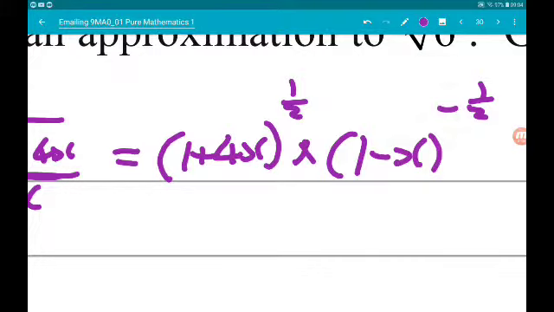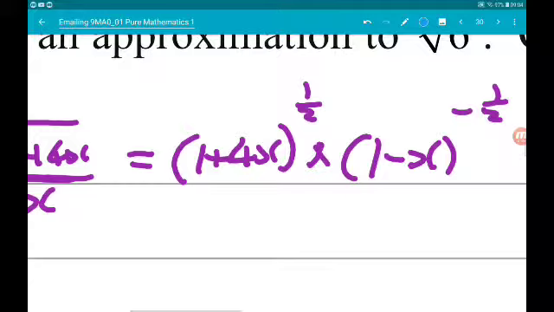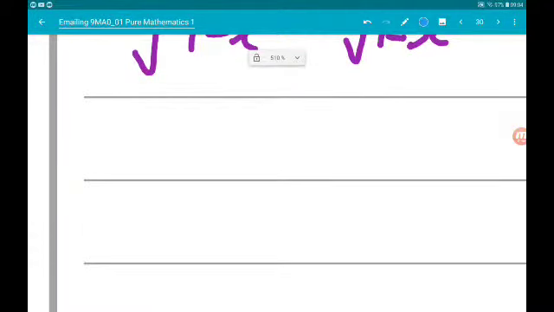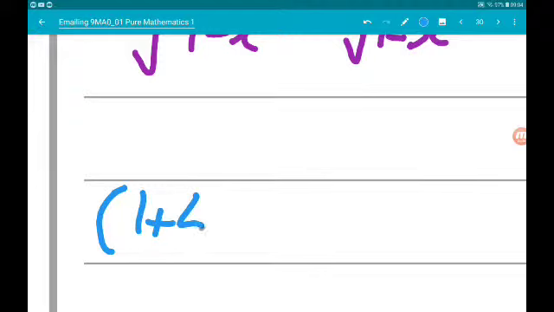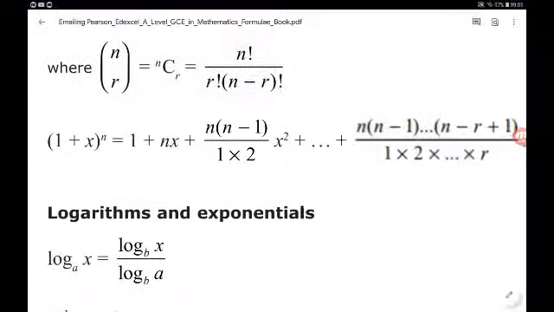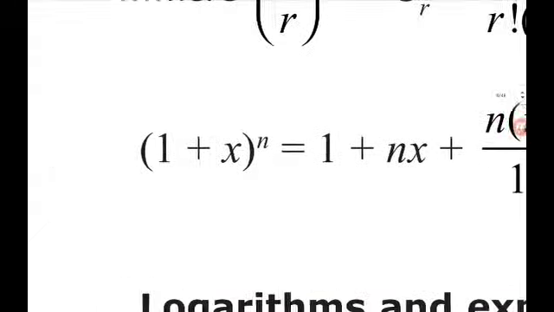So, we're given the formula, so let's do 1 add 4x to the half first. The formula is in the formula sheet, which you can get down below, remember.